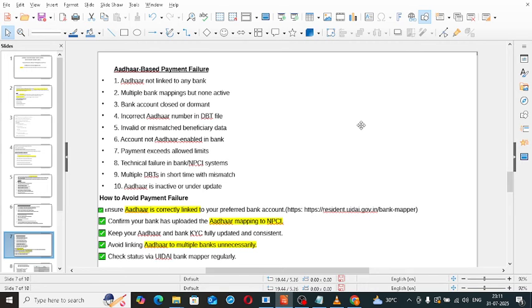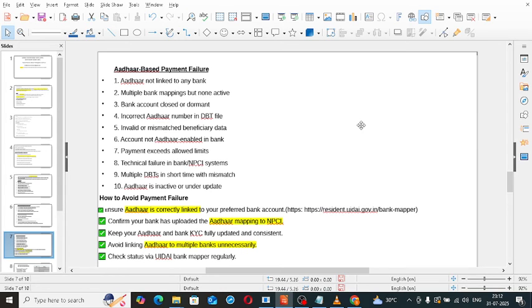Bank account is closed or dormant. Suppose I link my Aadhaar to a bank account, and that account is a closed or dormant account. I cannot get my beneficiary amount. And incorrect Aadhaar number: if the direct benefit transfer file itself has an incorrect Aadhaar number, the transaction will not be routed to the concerned person.